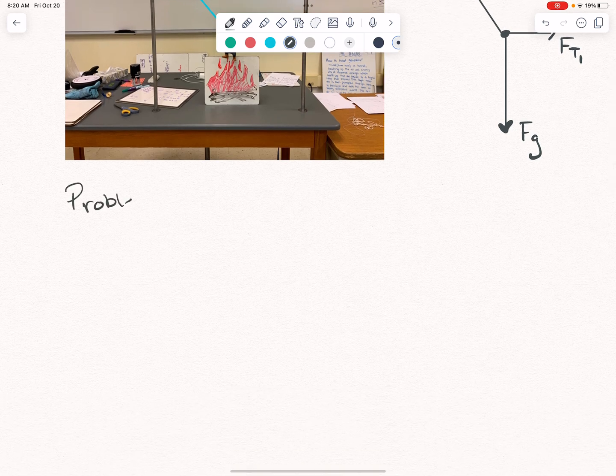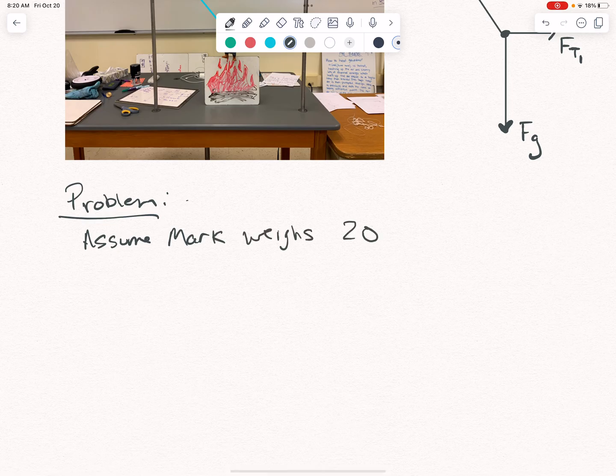The problem is, assume Mark weighs 20 newtons and FT1 is 5 newtons.